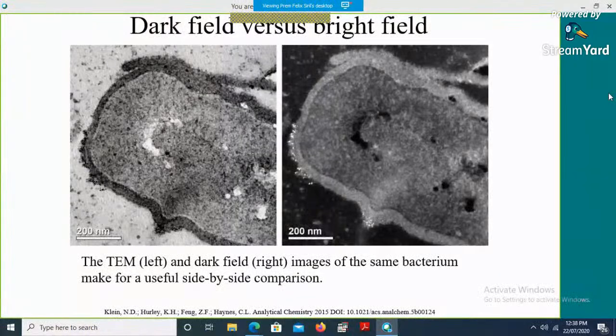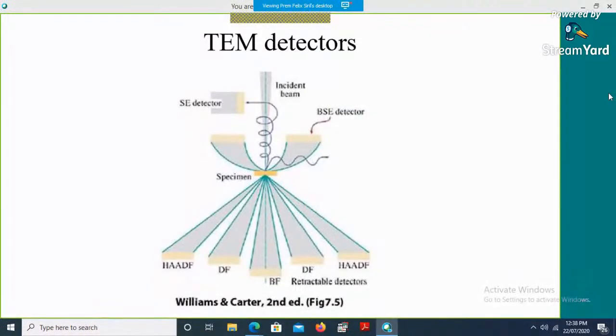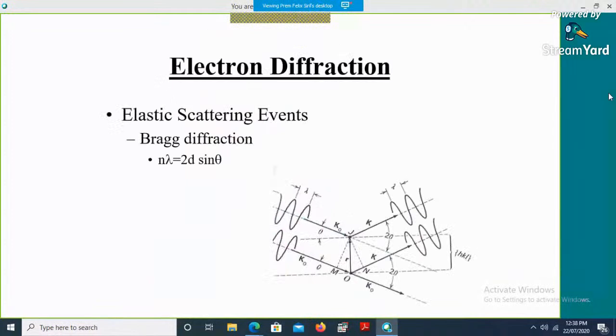Now coming to electron diffraction. Electron diffraction also follows Bragg's law. I hope you remember that Bragg's law is the basis for X-ray diffraction, where the wavelength of the X-ray is related to the diffraction angle theta.